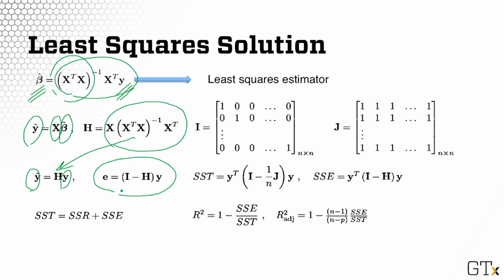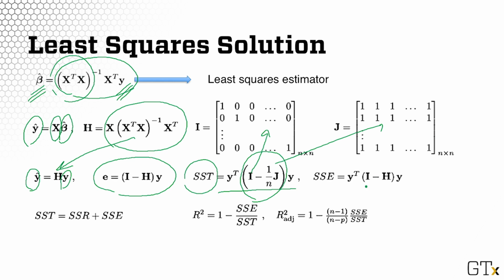How to find the R square here is also quite elegant. The SST can be represented as this product in which you have y transpose times this centering matrix I minus 1 over n J times y. This matrix is simply the identity matrix minus 1 over n times a matrix consisting of only ones.